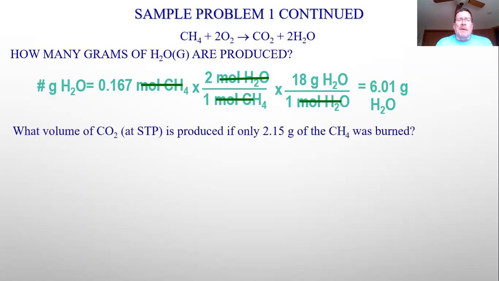Or the final question I could use, what if the carbon dioxide then bled off into a different container, which was at standard temperature and pressure? And now it's saying at this point, if only 2.15 grams of the total amount of methane was actually burned, how much carbon dioxide at STP? So it is very possible to have this, and this is really more realistic.